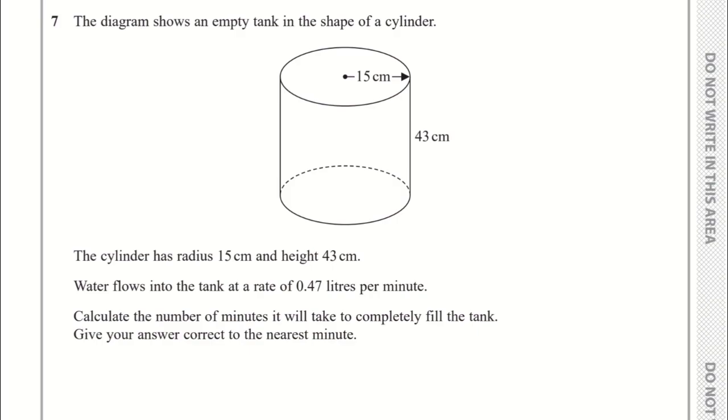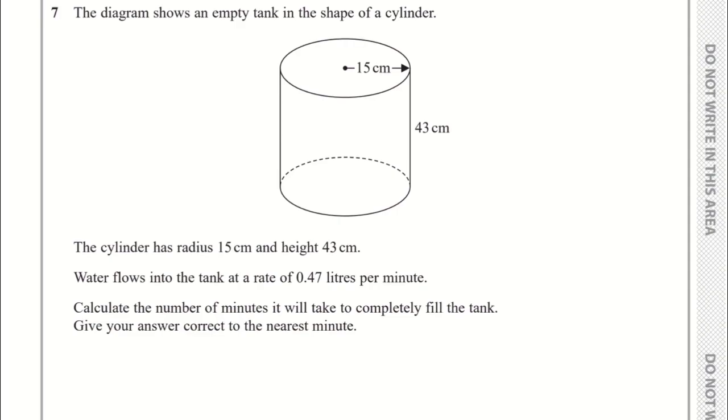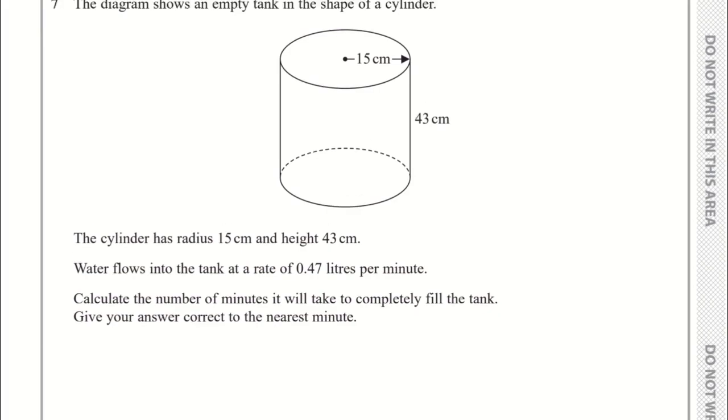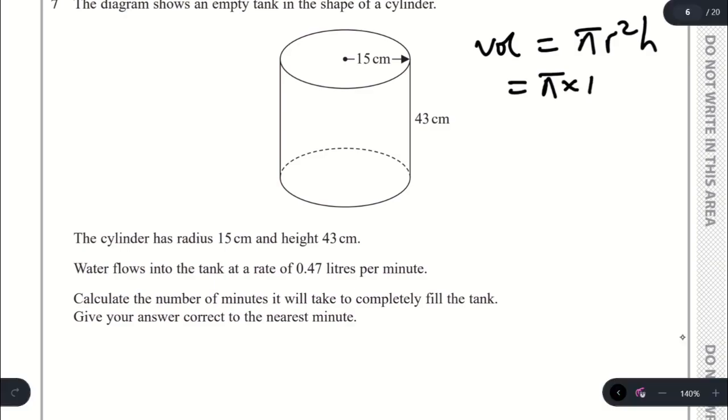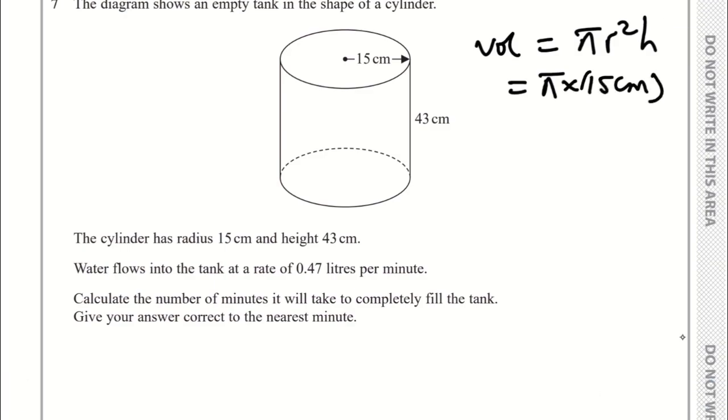Now, for us to solve this question, we must know the capacity of this cylindrical tank. Now, what's the volume of a cylinder? It is given as pi r squared h. So let's get into it. Now pi, the radius is 15 centimeters squared. Then times the height, 43 centimeters. So let's plug everything into the calculator and get our answer.